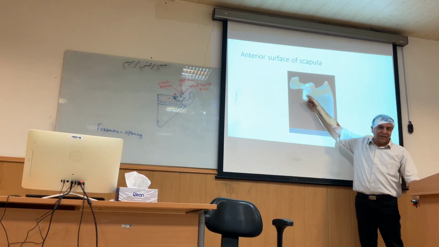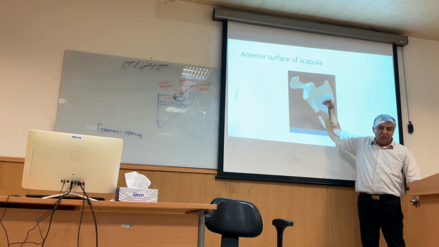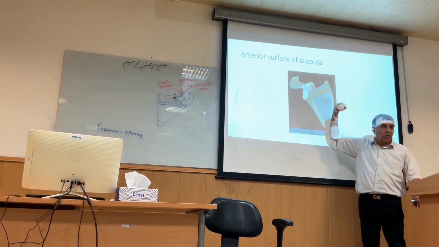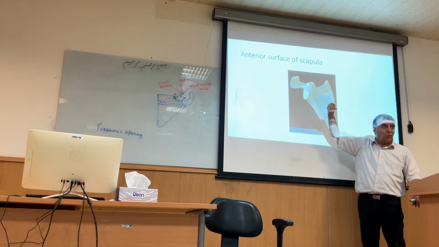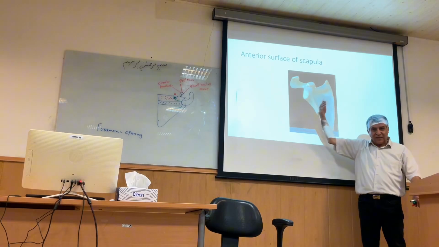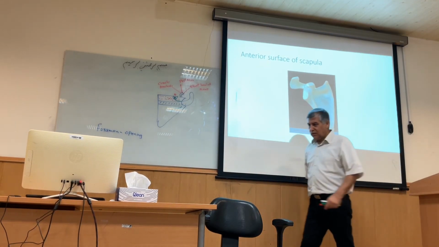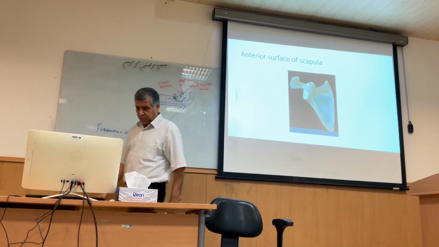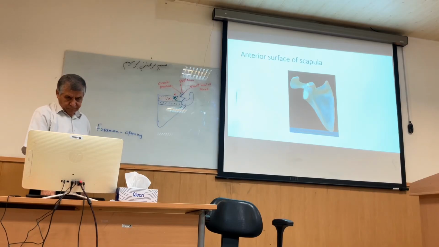It's called the glenoid cavity, for articulation with the humerus, and forms which joint? Glenohumeral joint. Okay.